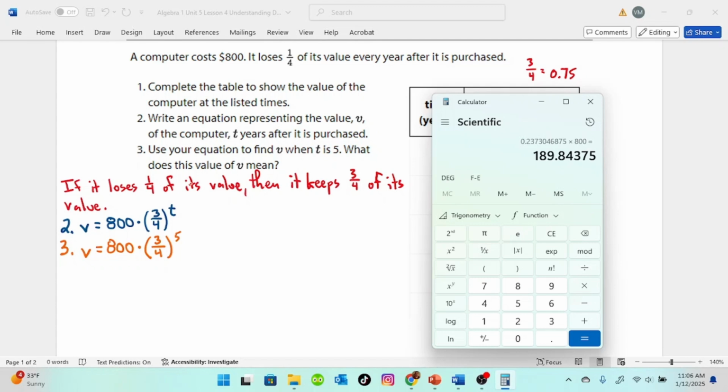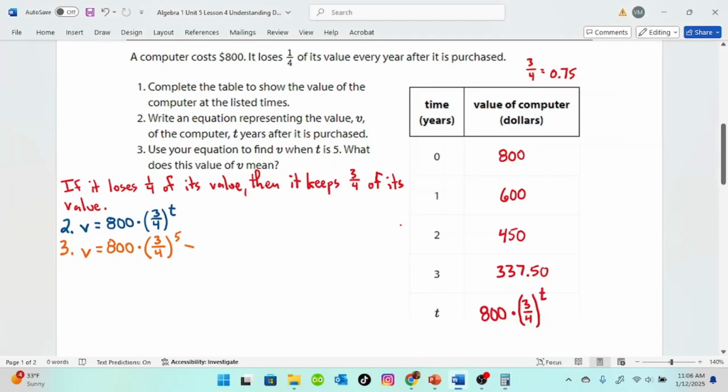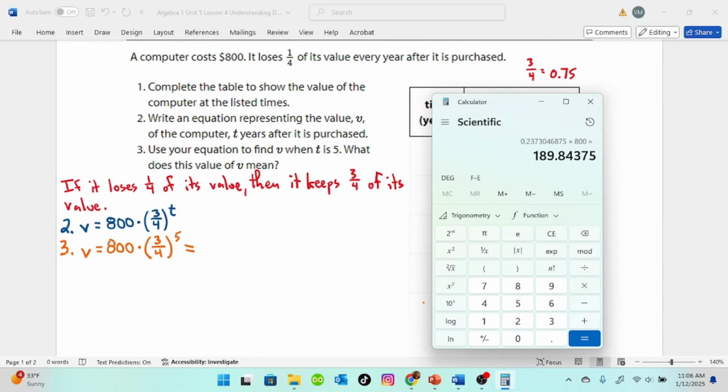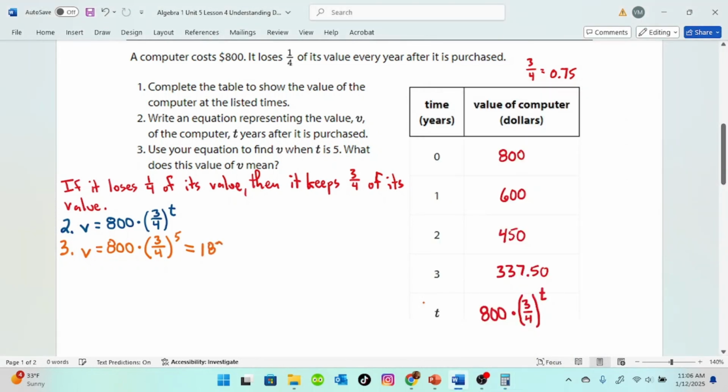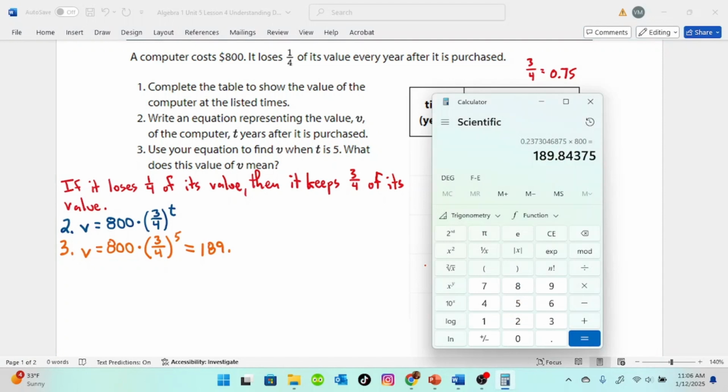That way it can be as accurate as possible. And the reason that I'm going to use the 3 to tell me how to round the 4 is because we're talking about money, so I only want 2 decimal points. So that answer was 189.84.